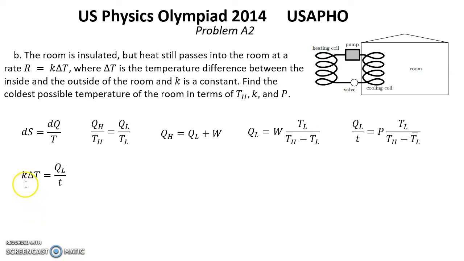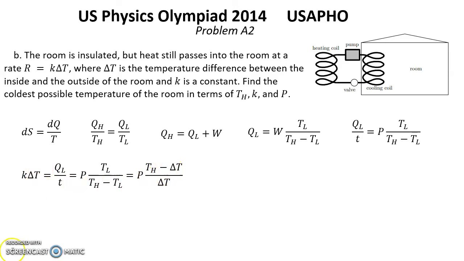We already found that K dT, the rate with which the heat is removed, is equal to QL over time, which we found in the previous question. That was P multiplied by TL over TH minus TL. But the denominator, that's dT in our terms. And TL we can express through TH minus dT.